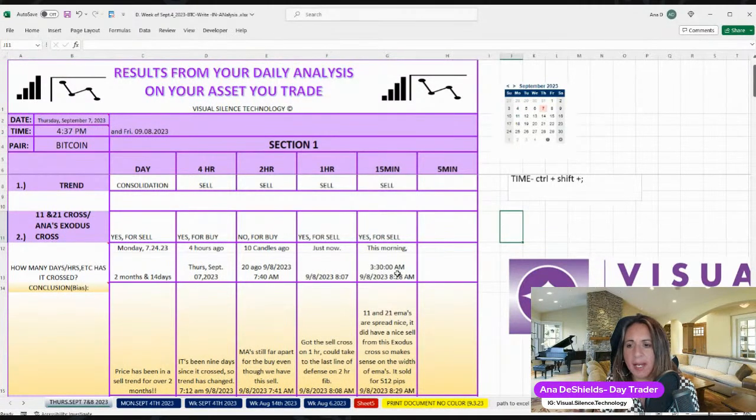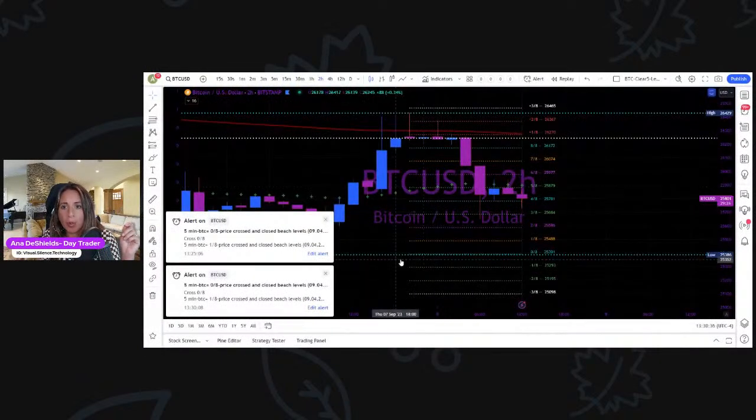Now with this Exodus cross, which I totally love, and let me show you what I'm referring to because it's super dynamite, super super dynamite. Okay, watching for that to switch over.